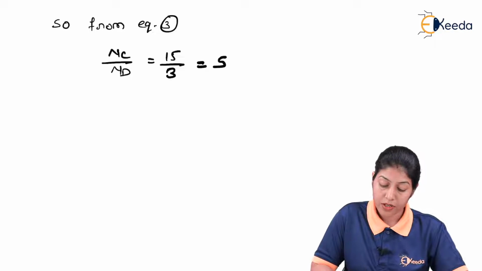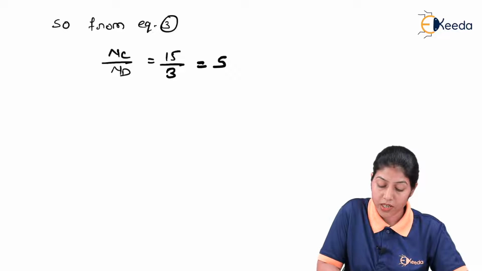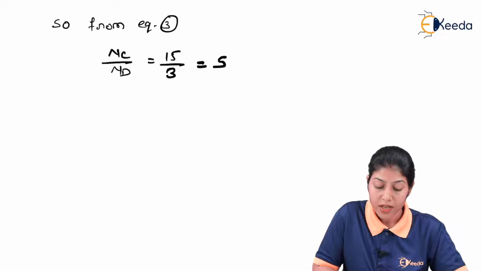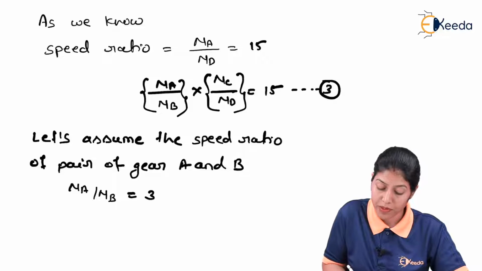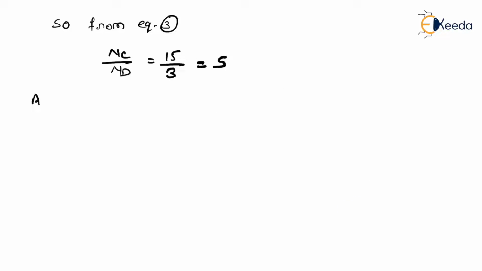Now, as per the concept of speed ratio, we generally define the relation between the speeds of the gears as equivalent to the inverse ratio of the number of teeth. So NA by NB will be equivalent to TB by TA.